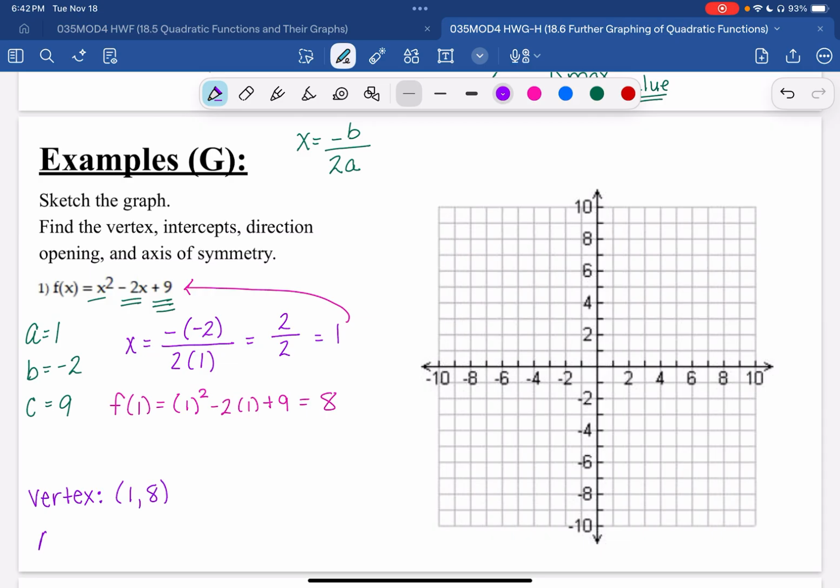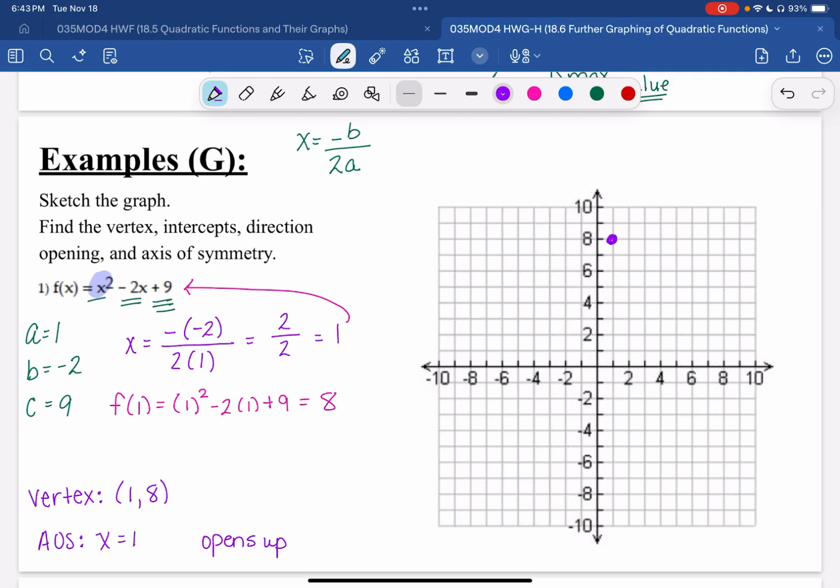My axis of symmetry is always the x value of my vertex. So x equals 1. Since my first term here is positive, that means it's going to open up. So when I graph this, I'm going to start by graphing (1, 8).